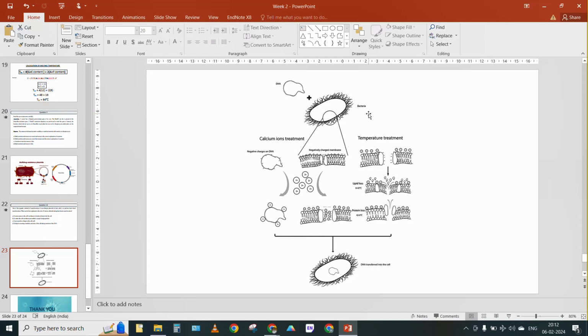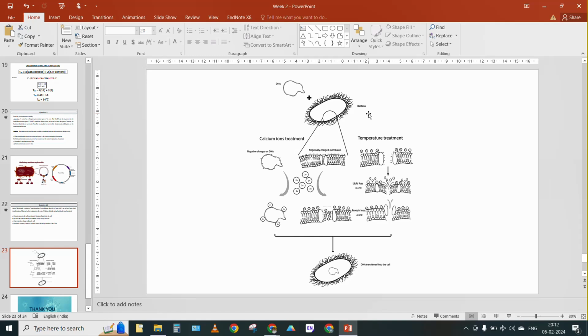So firstly it will neutralize both the charges, facilitating the binding of DNA to the cell surface. This neutralization is crucial for promoting interaction between the DNA and the bacterial cell membrane, which allows the plasmid DNA to adhere to the cell surface.